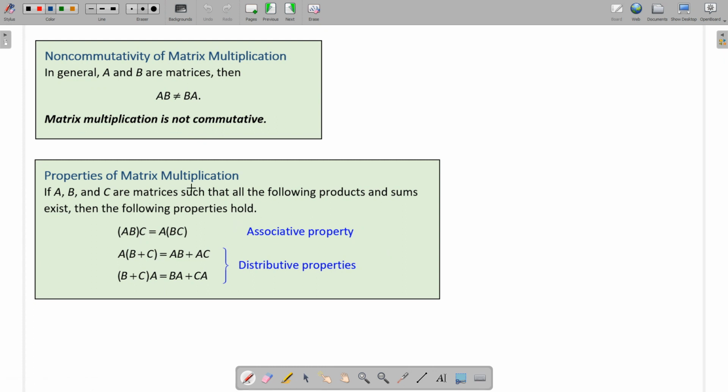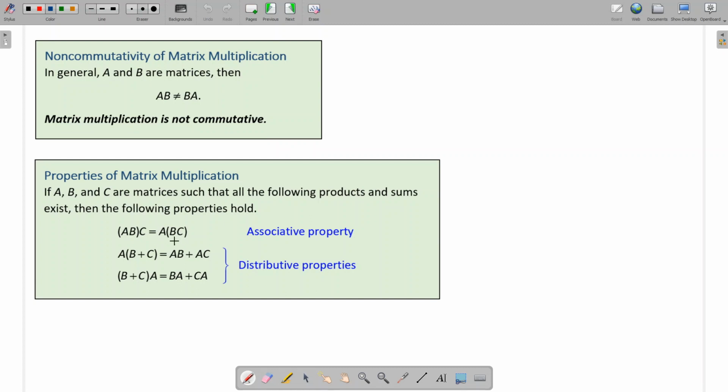But matrix multiplication does have some nice algebraic properties. So it is associative, meaning that if you had 3 matrices you were going to multiply, it doesn't really matter which product you do first. The order in which they're written matters, but the grouping does not. So we could do A times B and take that matrix and multiply it by C, or we could do the B times C but multiply by A after that with A on the left-hand side.